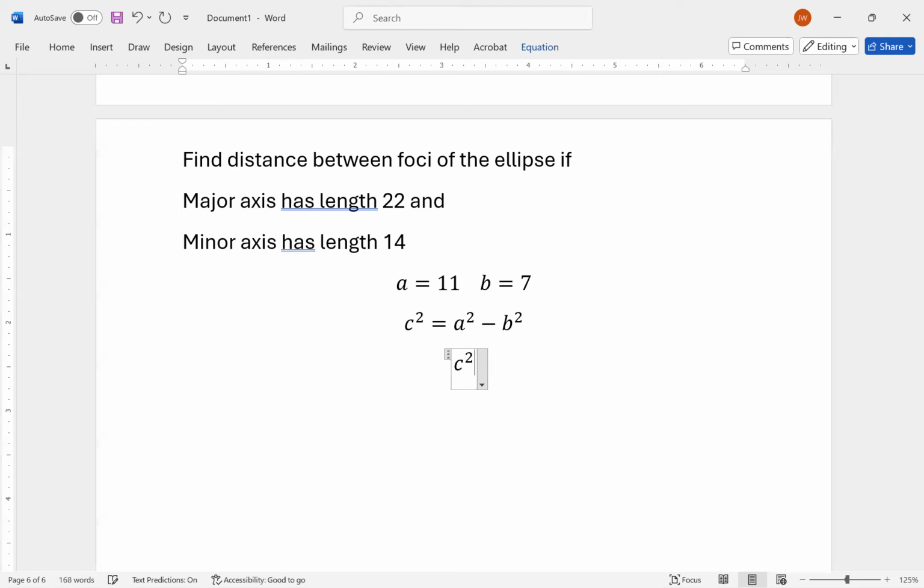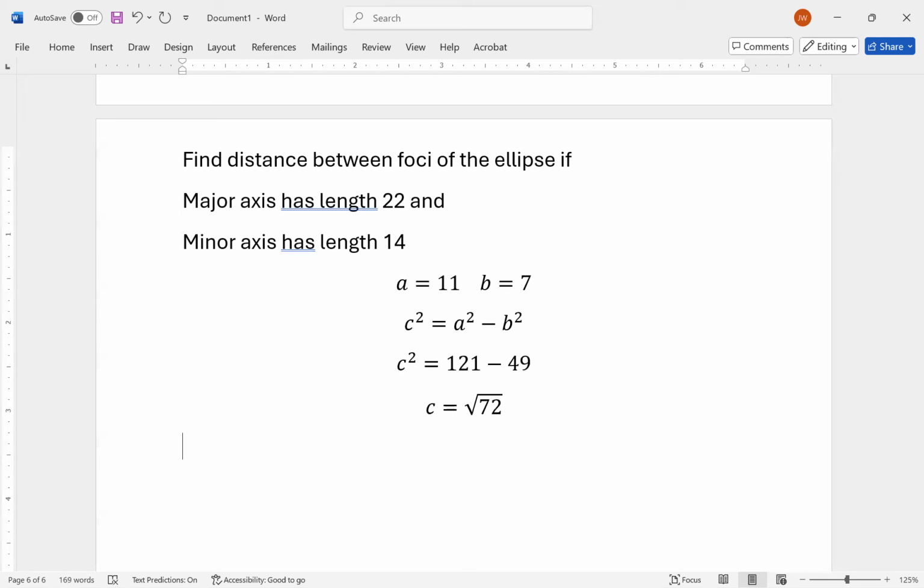So in this case, C squared is equal to 11 squared, which is 121, minus 7 squared, which is 49. That's 72. So C is equal to the square root of 72.